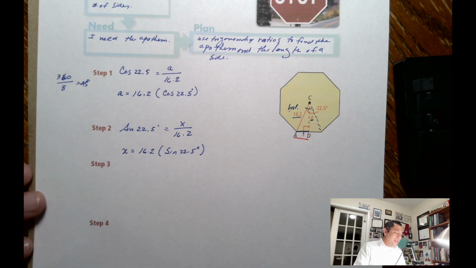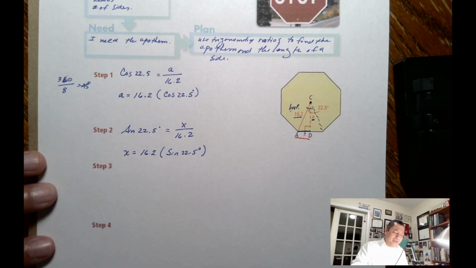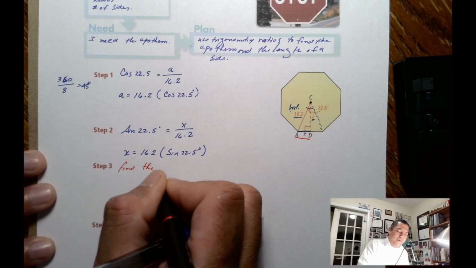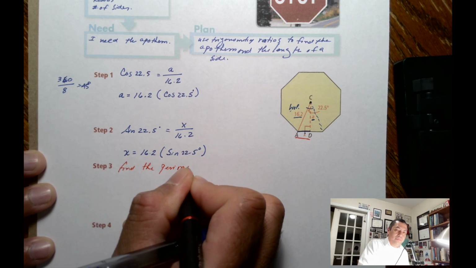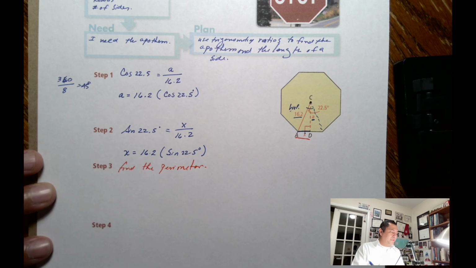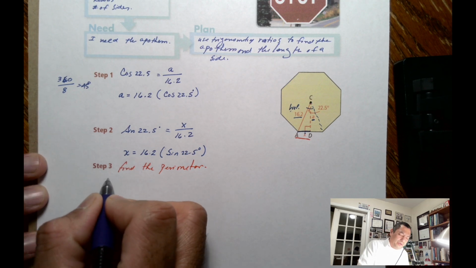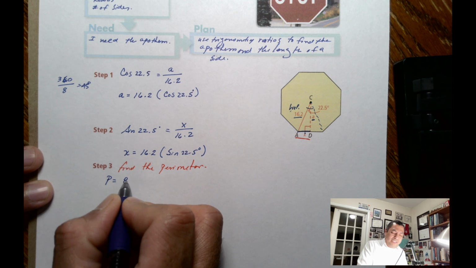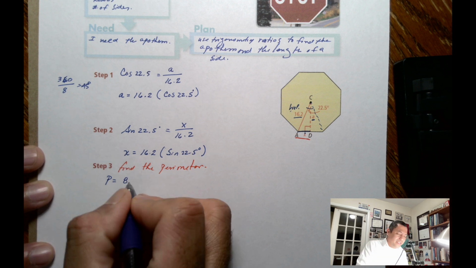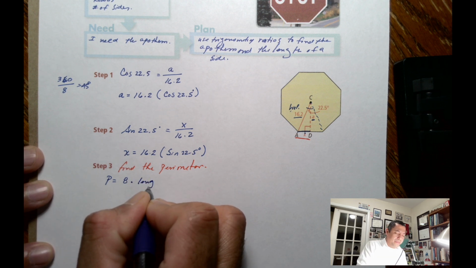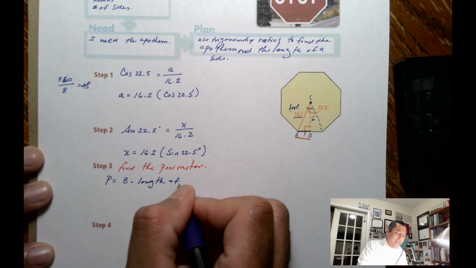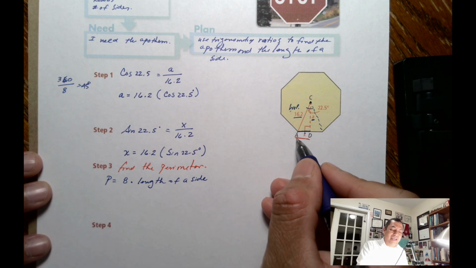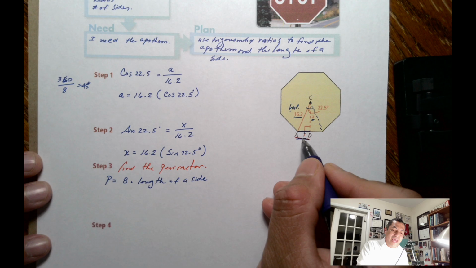Step number 3, we're going to find the perimeter. I'm going to label here, find the perimeter. Remember that the perimeter is equal to the number of sides, which is 8, it's an octagon, times the length of a side. Now the problem here is this side is x and it's only AD.